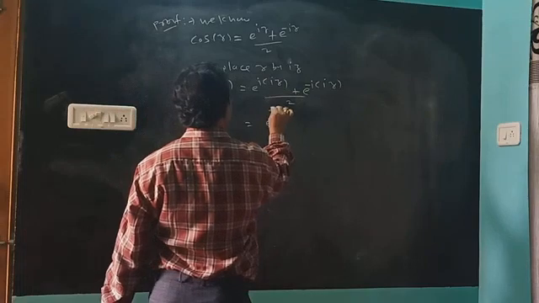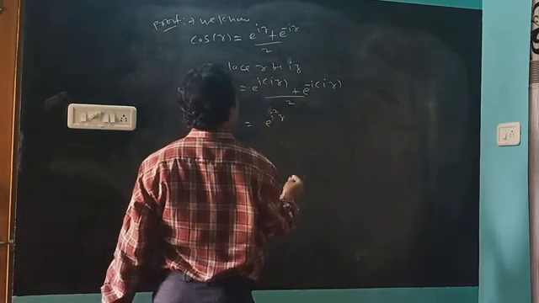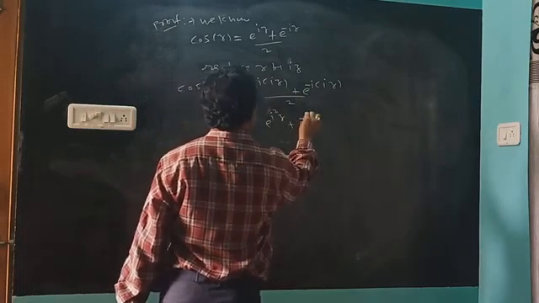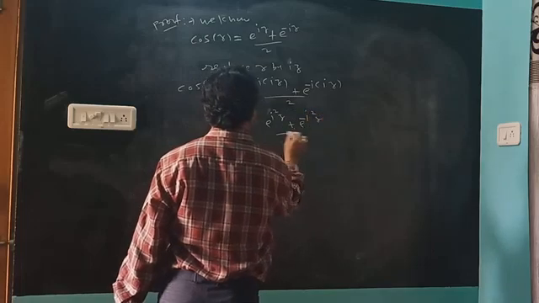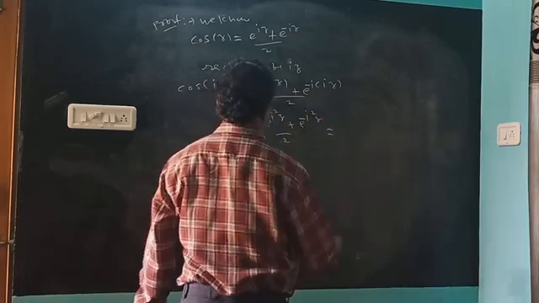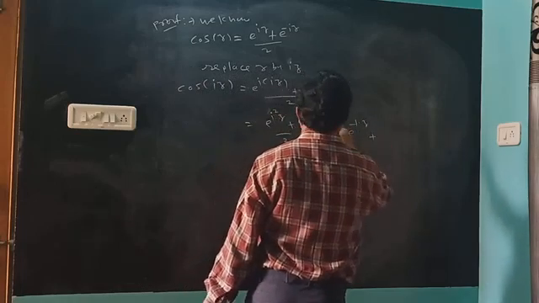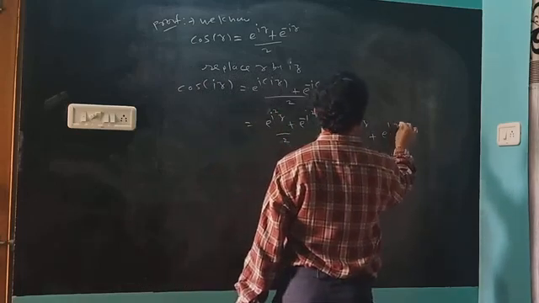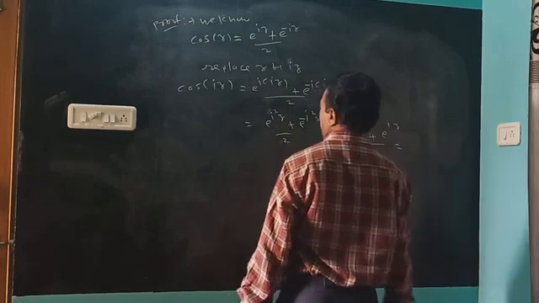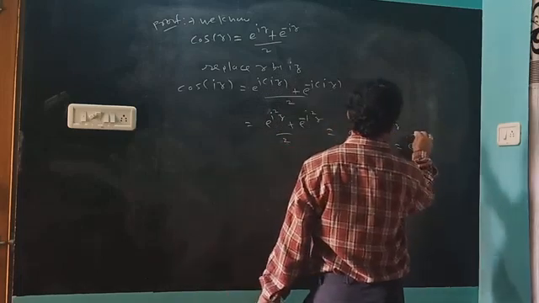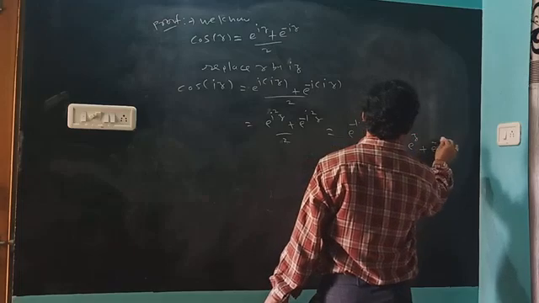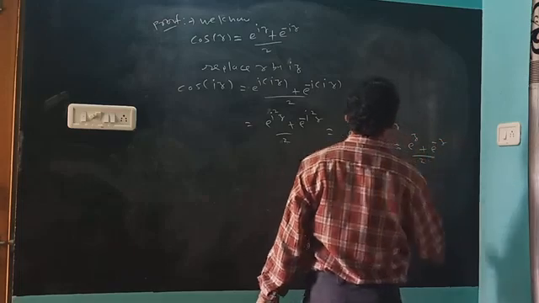I square, minus I square, I square is minus 1, minus I square is plus 1, by 2. This is the same as e raised to power z plus term first, minus term second.